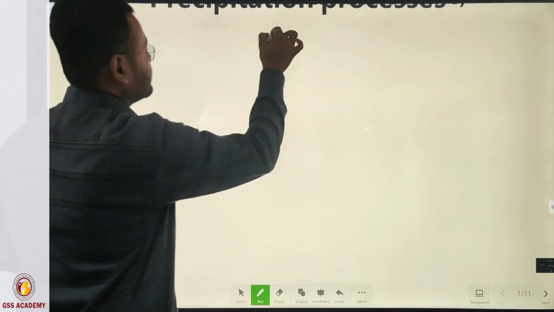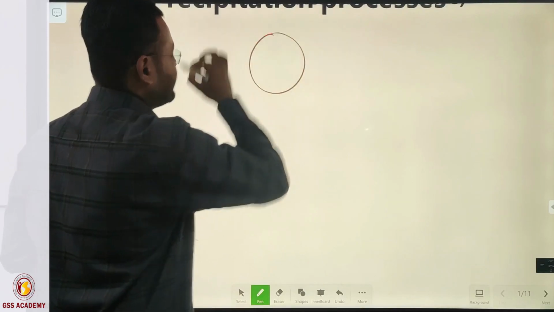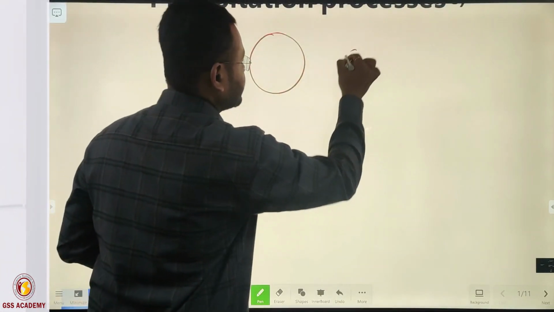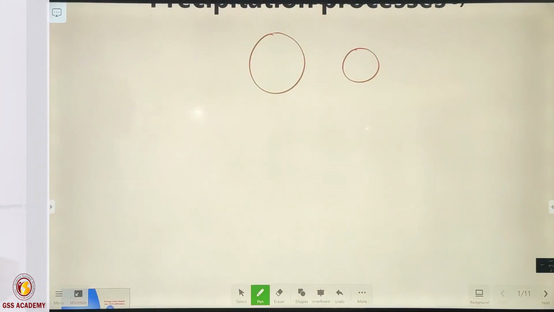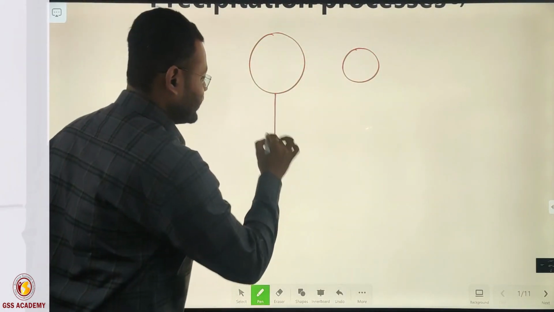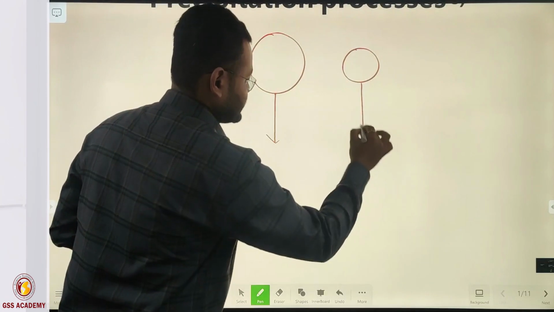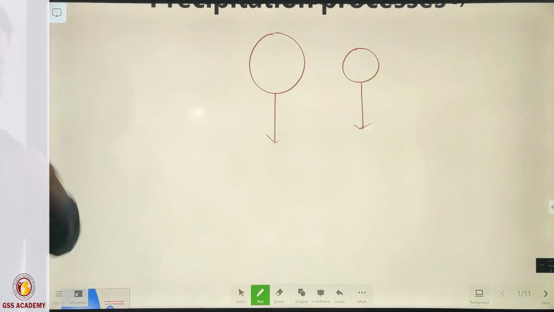Now one more thing. Suppose we have a larger size droplet and a smaller size droplet, and both are falling towards the earth's surface.